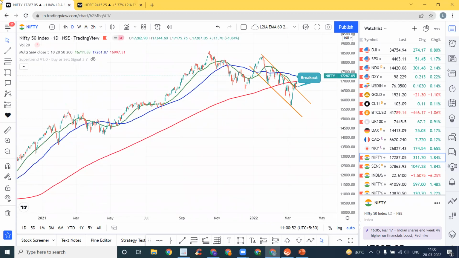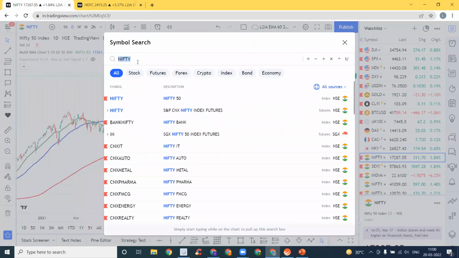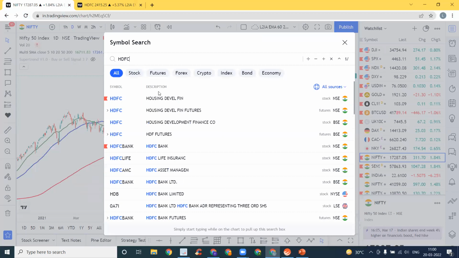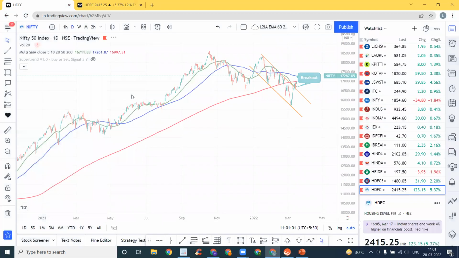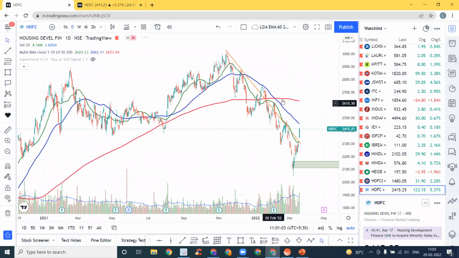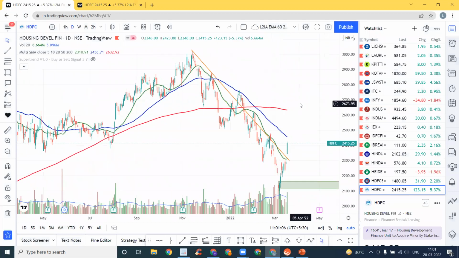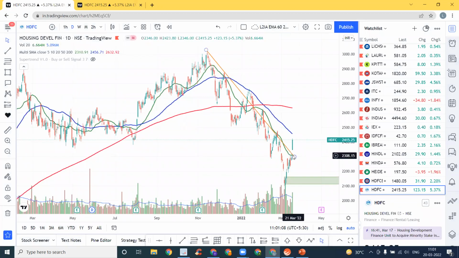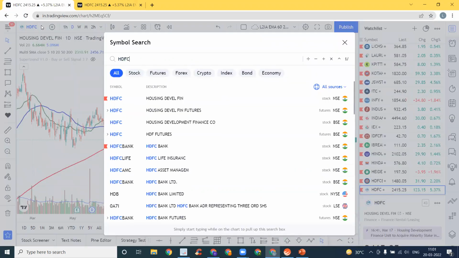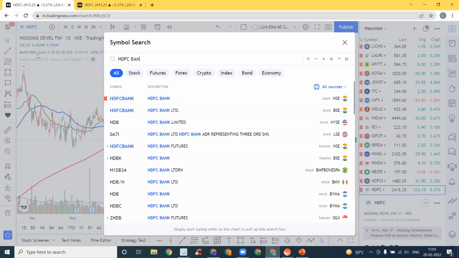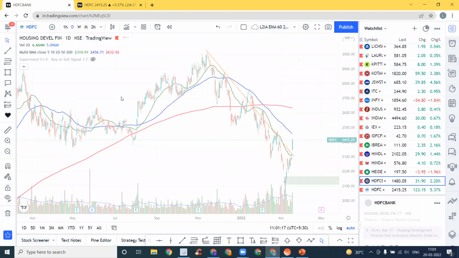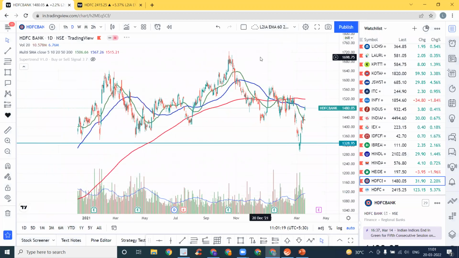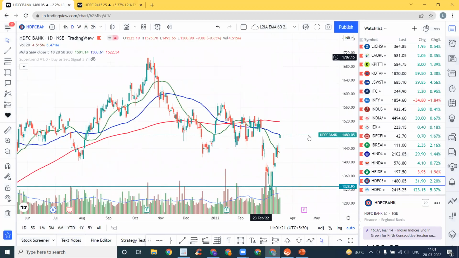Then if I want to see HDFC Bank, this is my HDFC. It has gone down. Okay, HDFC Bank. See here, there is a little upward movement.